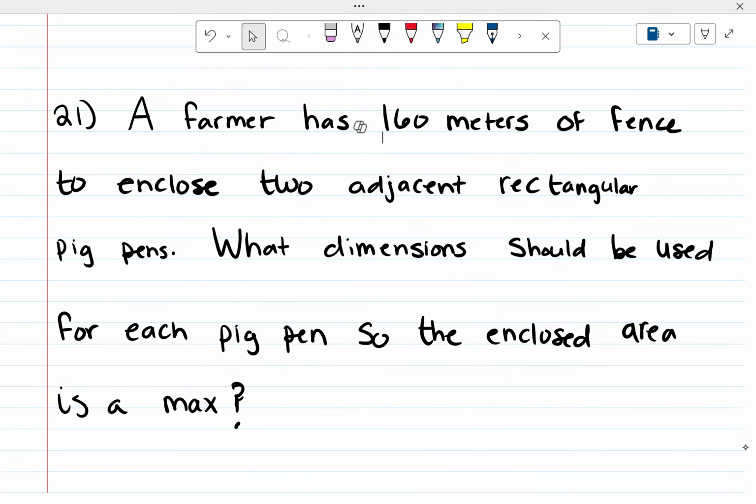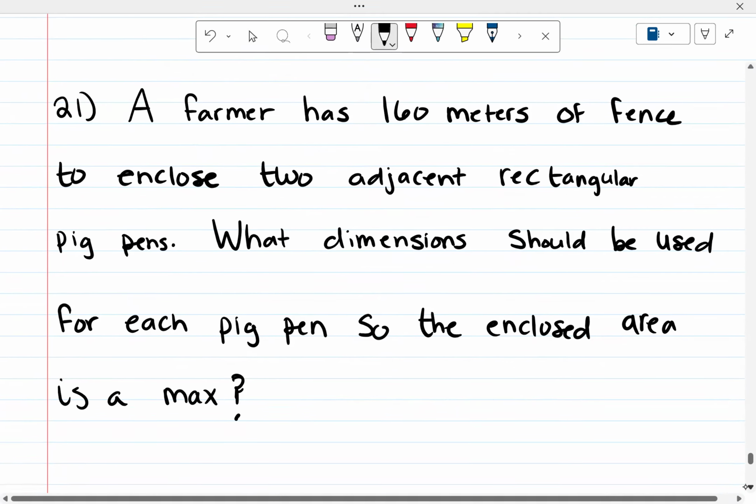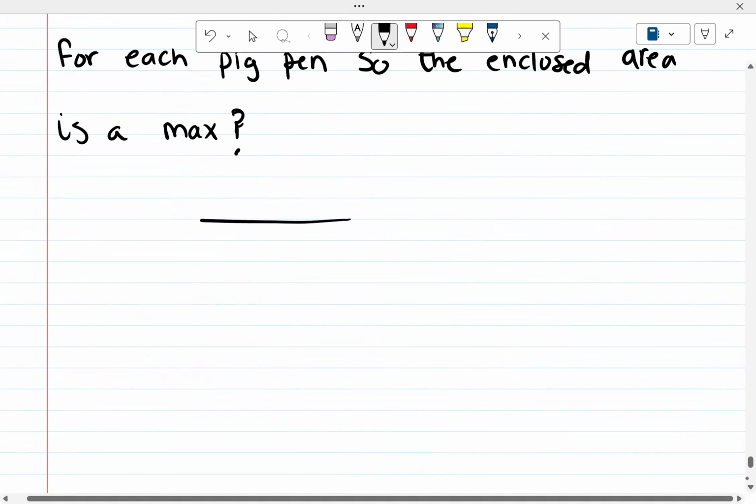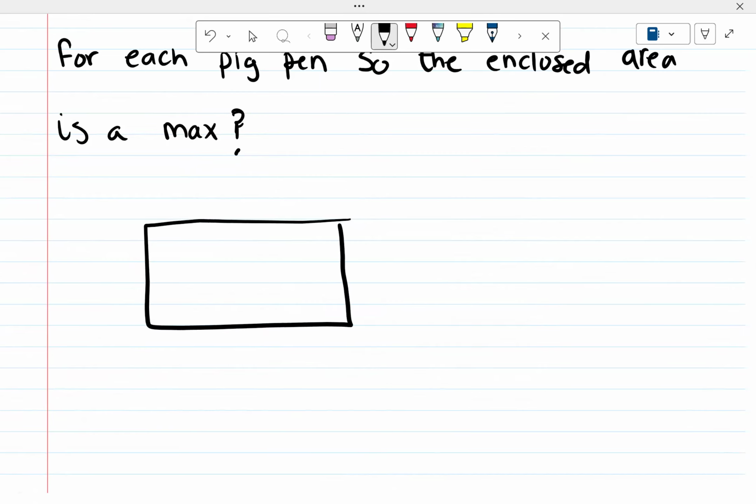So imagine, here, let me draw the image. You have this little rectangular pig pen, and it's broken into two pig pens, right? You have two adjacent rectangular pig pens, and the perimeter is 160, and we got to find the dimension.